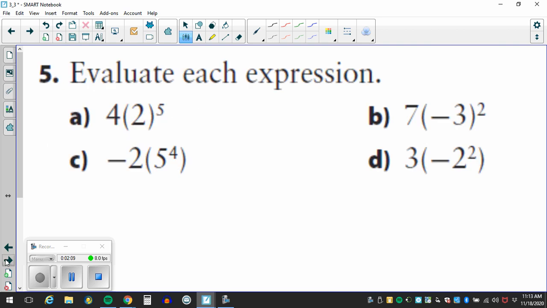Question 5, evaluate each expression. Now remember when we talked about this, in all of these cases here, we can think of these as being numerical coefficients like we did back in grade 7 and 8 when we learned about algebra. So back in grade 7 and 8, you learned that in 2x or 3y, 2 and 3 were called coefficients because they were multipliers for the value of the variable.